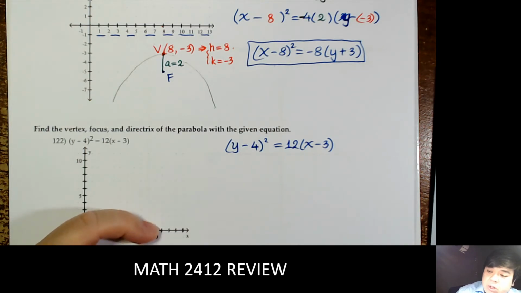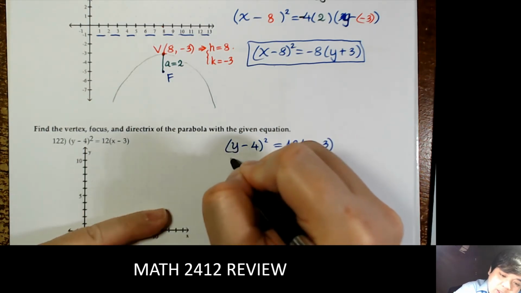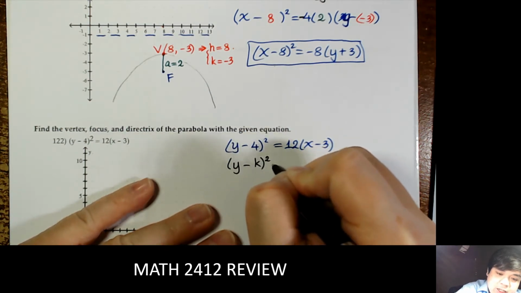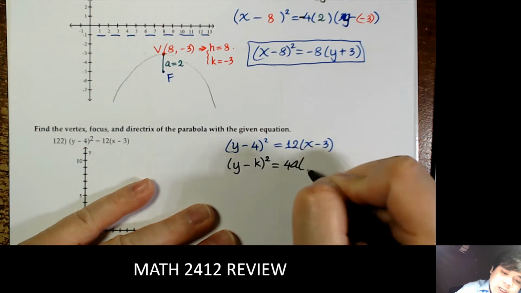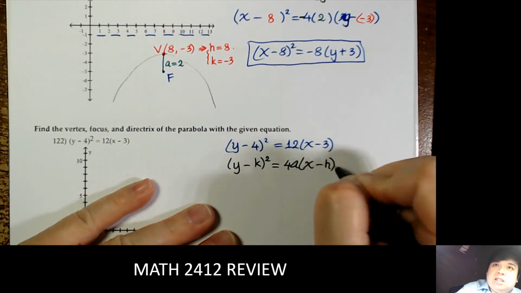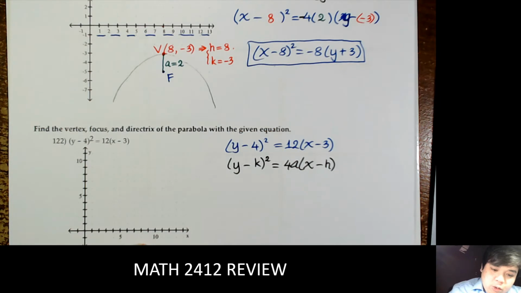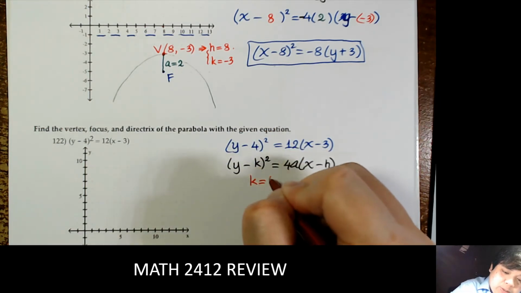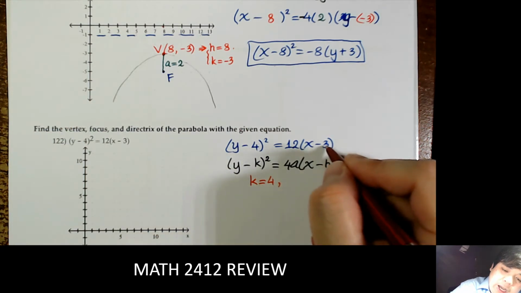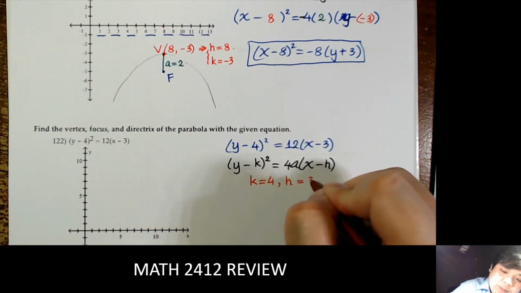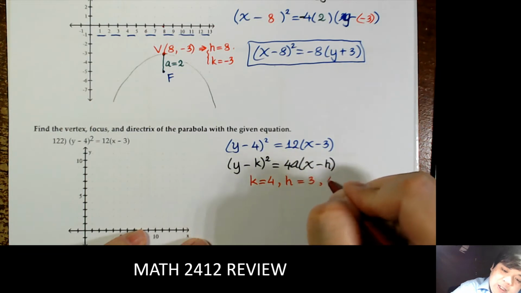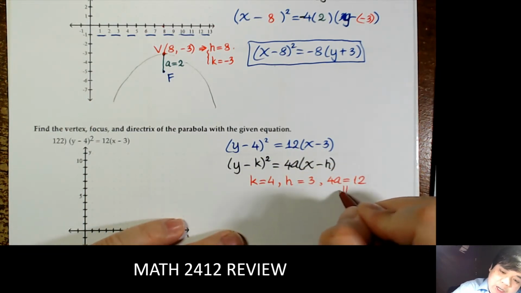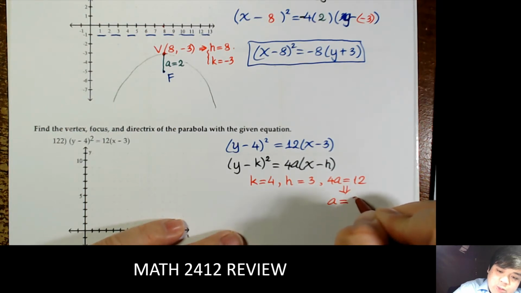So compared to the equation y minus k, remember k always goes with y, and h always goes with x. So from here we have k equal to 4 and h equal to 3. Also for 4a is 12, so a is going to be 3.